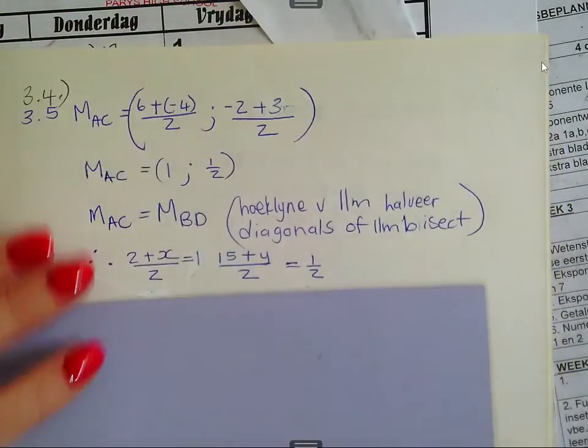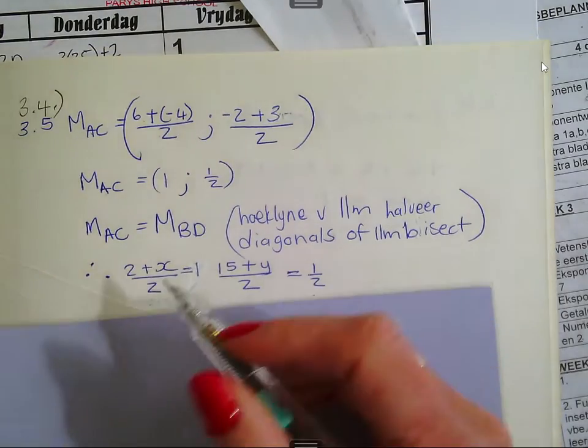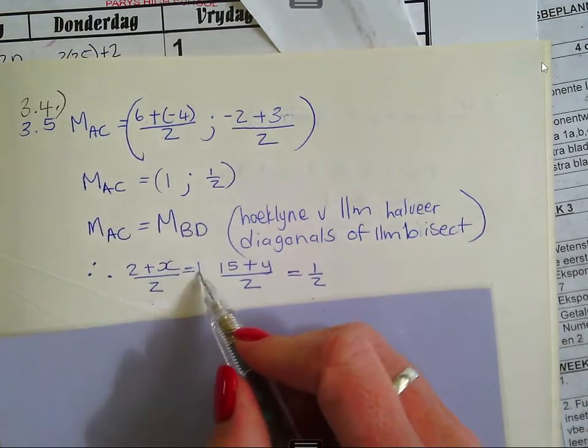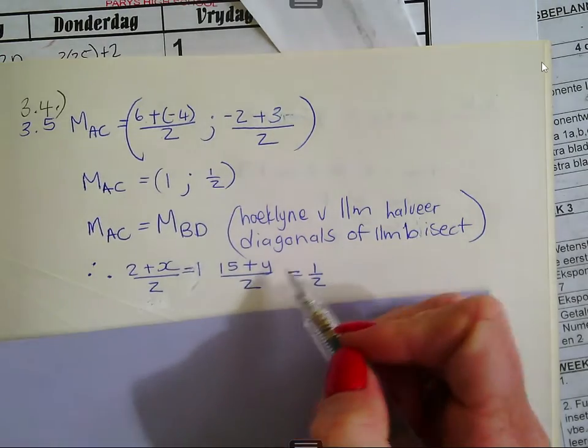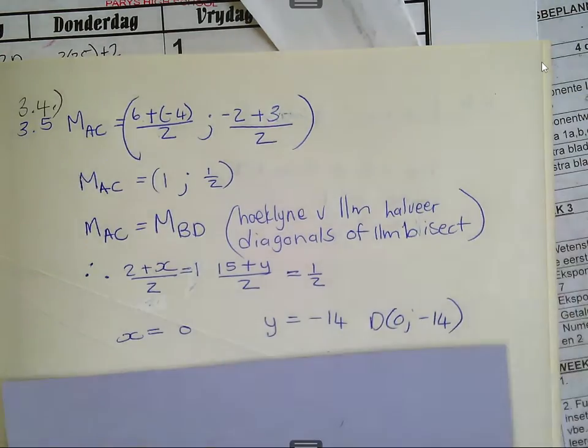If you used the algebraic method, you would say 2 plus x divided by 2 is 1, and 15 plus y divided by 2 is a half, and in both cases you would get the same answer, 0 and -14. Do you all understand this?